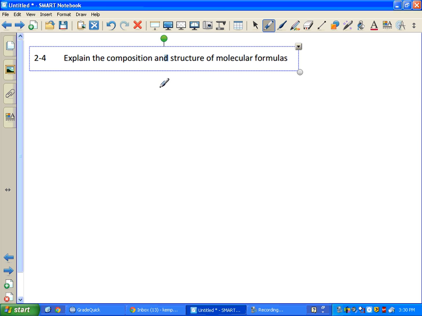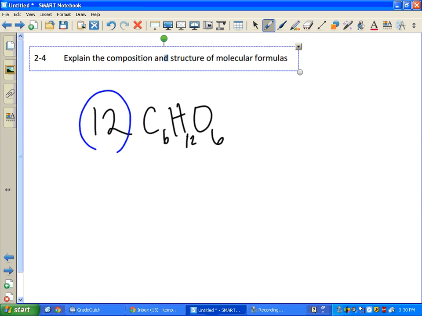So composition and structure of molecular formulas, that is this. So if I have 12 glucoses, you need to know that this is the coefficient.